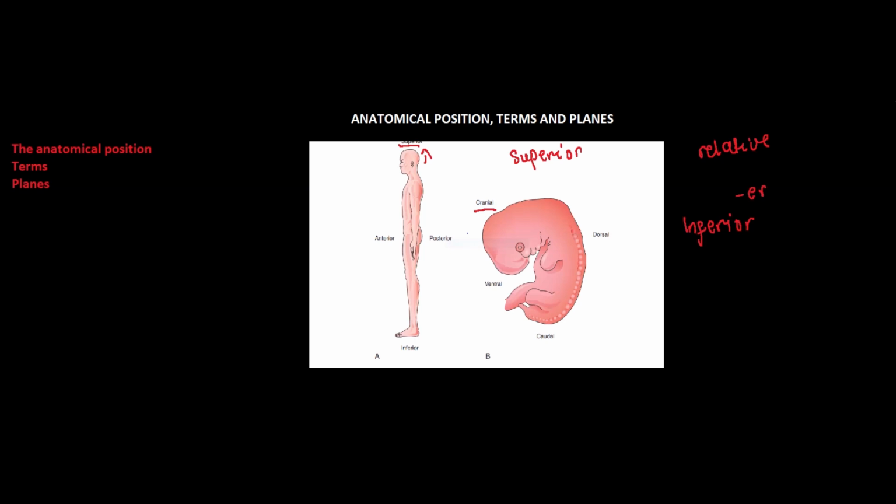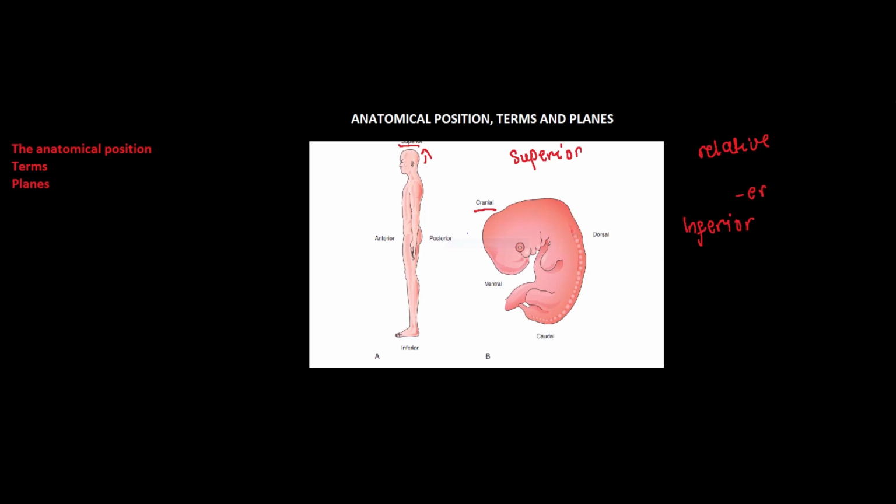This is because unlike a developed human standing in an anatomical position, the embryo is not necessarily positioned anatomically. So we use the term cranial to refer to structures that are closer to the head region or closer to the top of the body.